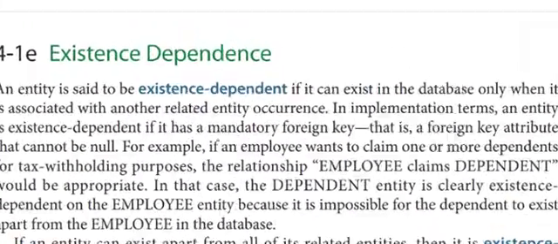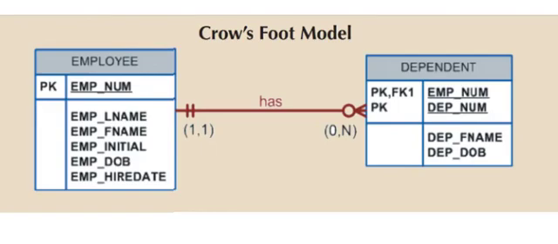Let's look at an example. Here we have the entities employee and dependent, and it's a one-to-many relationship. And let's say the reason for the dependent table is that dependent has the employee's health insurance benefits. An employee can have many dependents, but maybe there's no dependents. But if we take one dependent, can that dependent exist if there's not an employee?